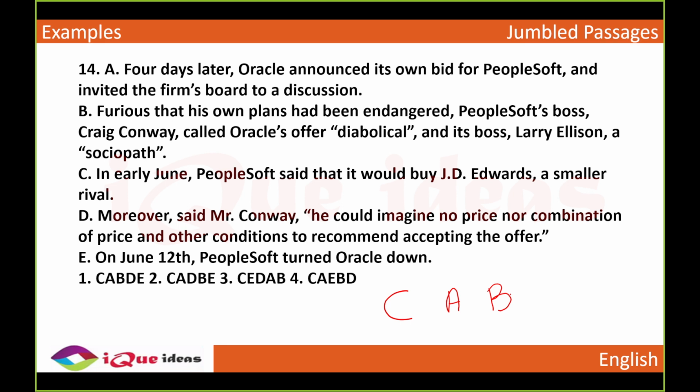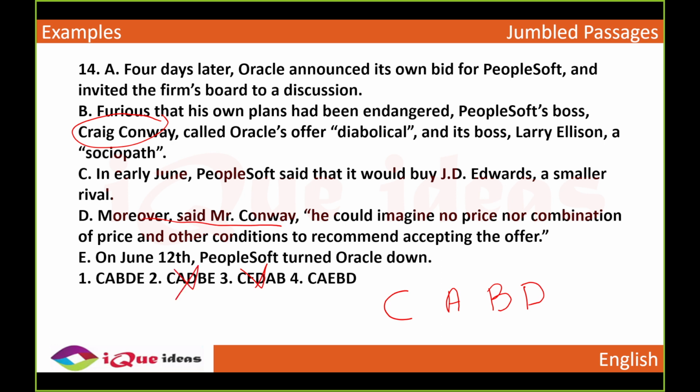So any option where B is before is eliminated. But here all the options में A के बाद ही B है. Fair enough. D says, moreover, said Mr. Conway. So, who is Conway? B describes who is Craig Conway and then D. So, B के बाद ही D आएगा. So, any option जहां पे B से पहले D है is eliminated.